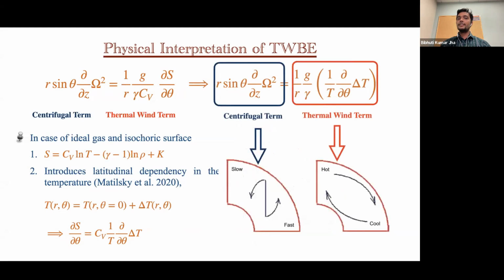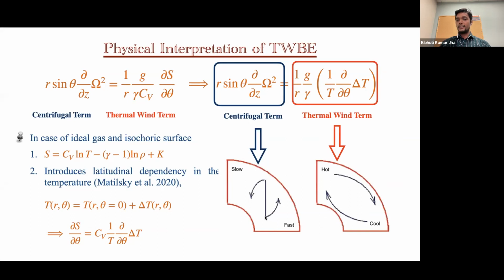Again, I would like to point out the centrifugal term. This is called the centrifugal term, and this is called the thermal wind term. So let's try to understand this term. We know that the solar differential rotation depends on the latitude. As we move higher in latitude, the omega is decreasing. So if you take this direction, a line that is the direction of Z, the omega here will be higher and omega here will be lower.